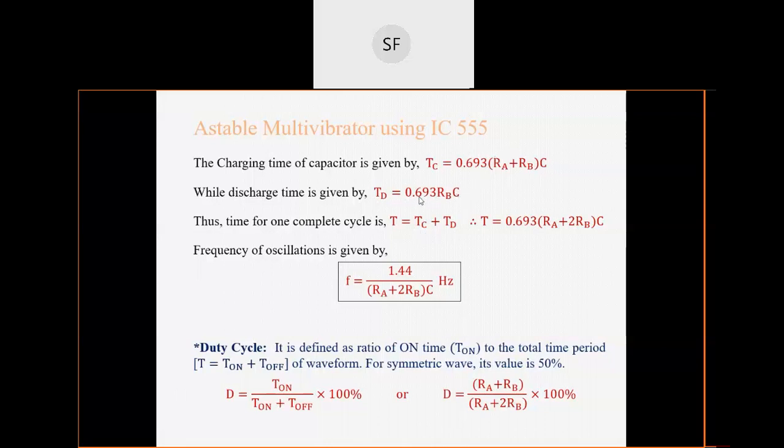So C and 0.693 are taken as common in both equations. So what will be in the bracket? RA plus twice of RB. The RB from here and the RB from here too. So that's why you will get the final formula for the complete time period of this particular cycle: 0.693 into (RA plus 2RB) into C.